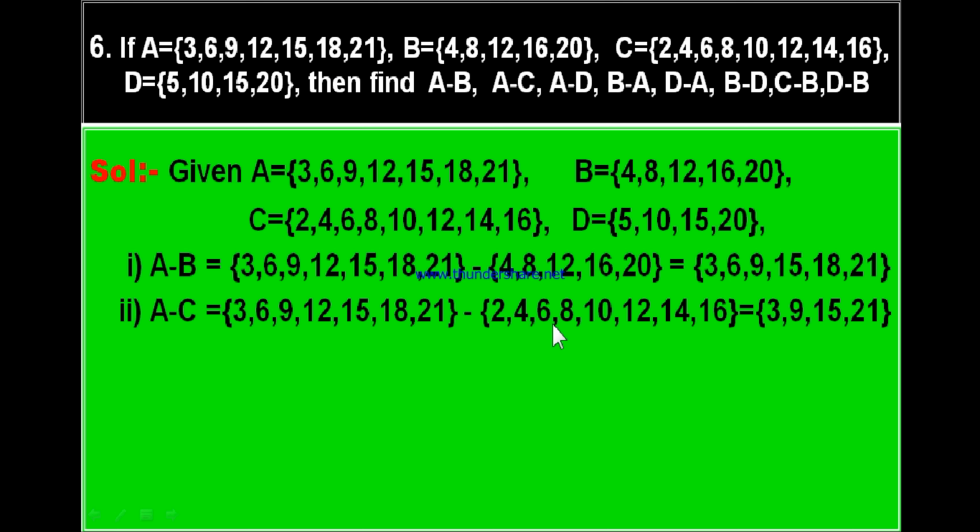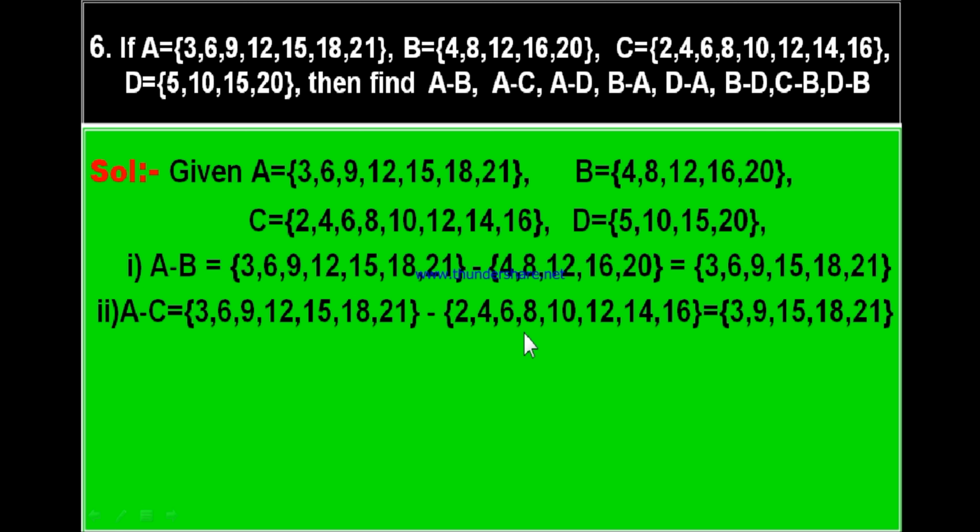Next 6, you can find 6 in here, therefore don't write 6. 9, there is no 9 in the second set, therefore write 9. 12, you can find 12 in the second set, therefore leave it. 15, there is no 15 in the second set, therefore write 15. And 18, there is no 18 in the second set, therefore write 18. And 21 is not there in the second set, therefore write 21 also. Then A minus C is equal to set of 3, 9, 15, 18 and 21.